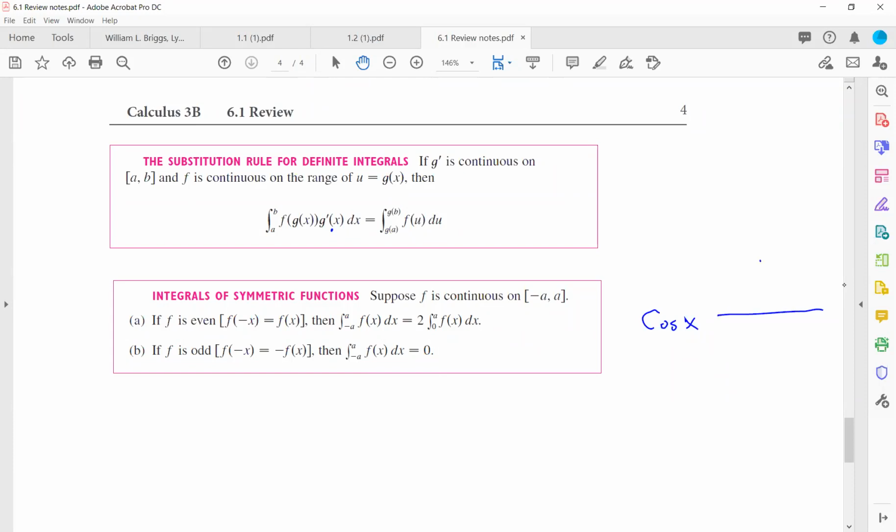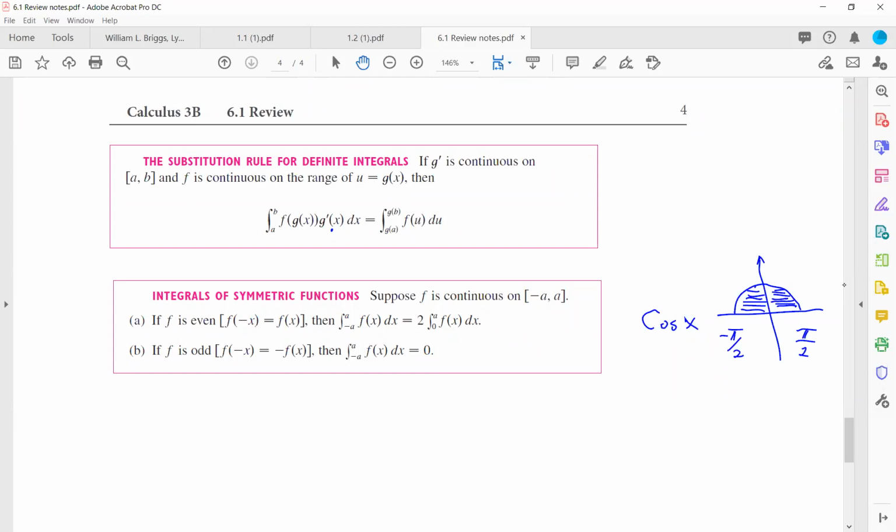So think about the cosine function between negative pi over 2 and pi over 2. Because of symmetry, these two sections have the exact same area.